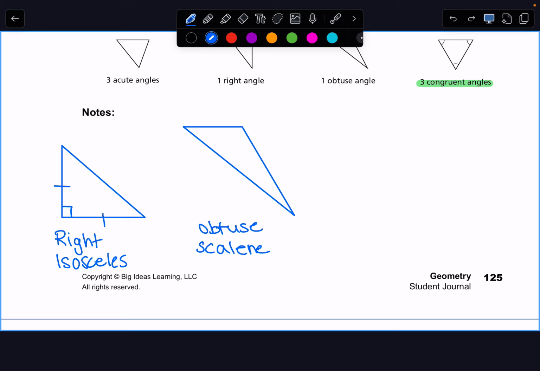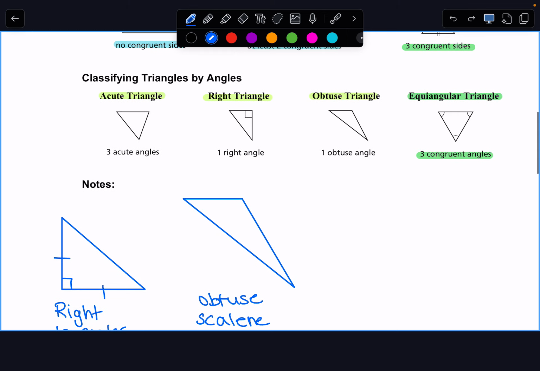No. If I say classify it by its angles and its sides, just make sure you have both. And another thing, an equilateral and equiangular triangle is always acute. Alex also wanted to add that an equiangular triangle is going to be acute, because what are the angles of the equiangular triangle? 60 degrees. They are all 60.